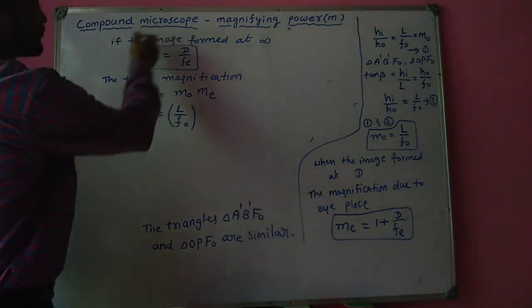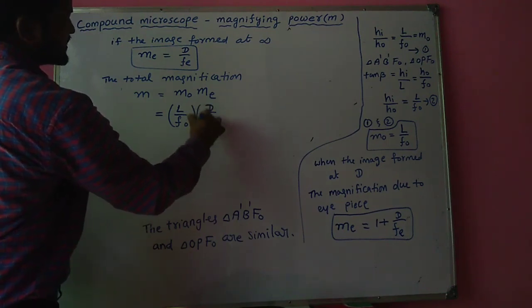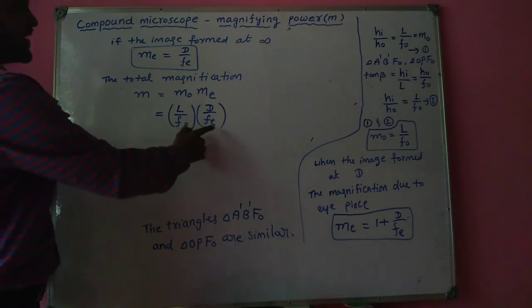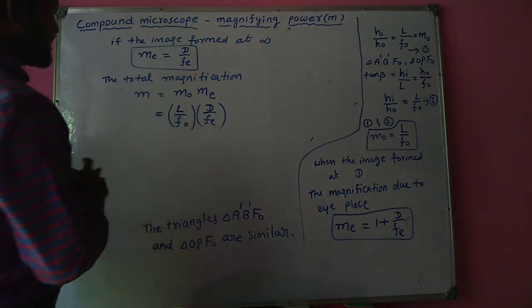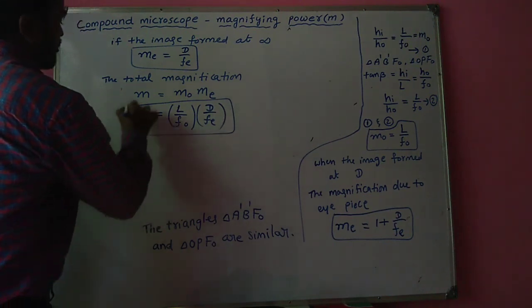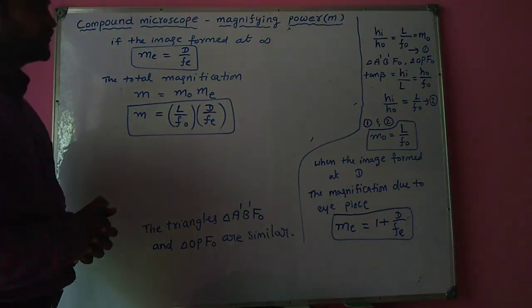ME, with the image formed at infinity, is D by FE, where D is the least distance of distinct vision and FE is the focal length of the eyepiece. This is the expression for the magnifying power of the compound microscope.